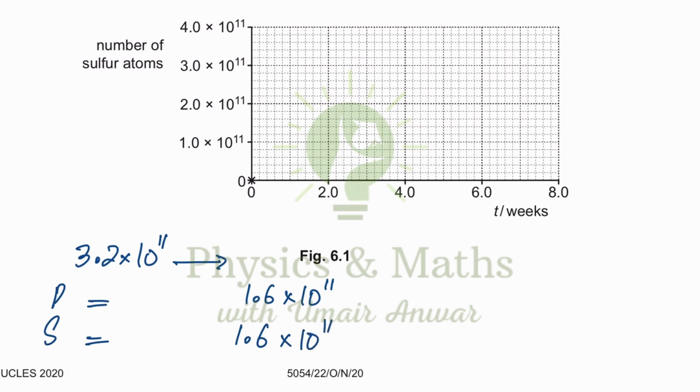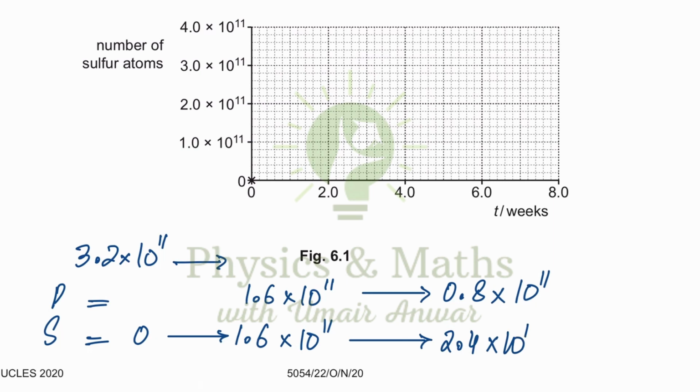So sulfur's number would increase from 0 to this much after one half-life. Then after the second half-life, phosphorus would again decrease to 0.8 × 10^11, and sulfur would increase by this number, so it would become 2.4 × 10^11. The number of atoms decreasing in phosphorus is the same number of atoms increasing for sulfur.